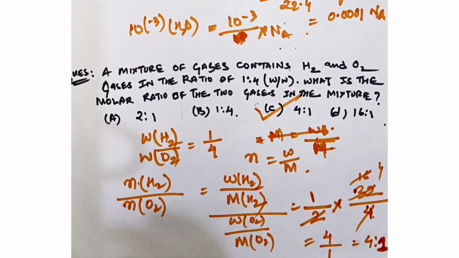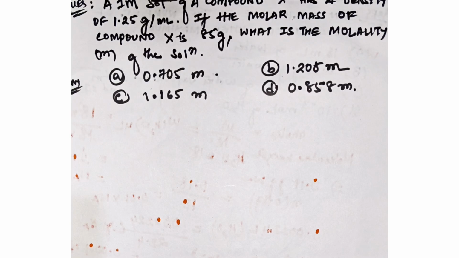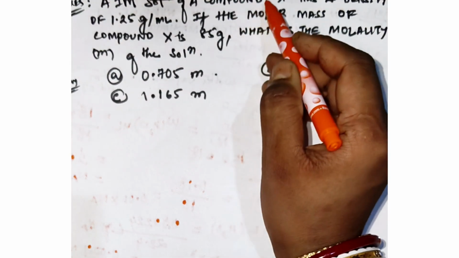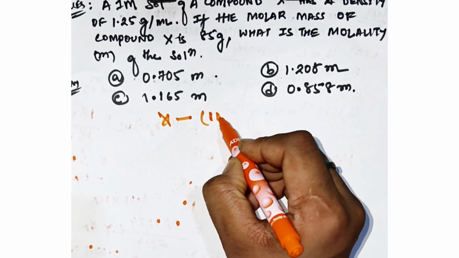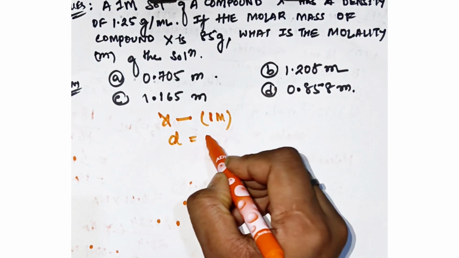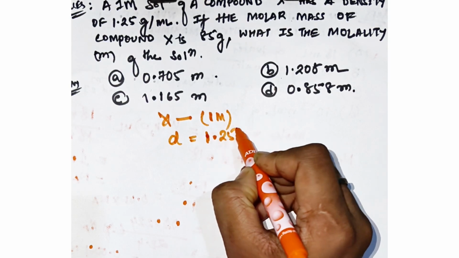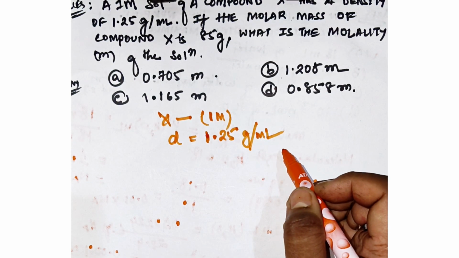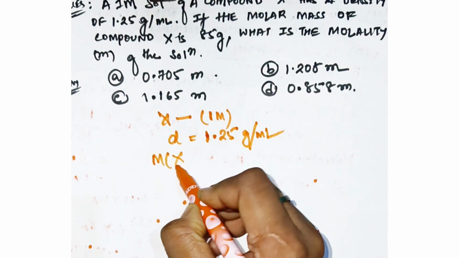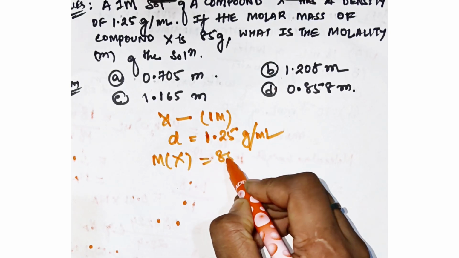Okay. So the next question is a 1 molar solution of the compound X. A compound is given to you, and it is a 1 molar solution, and the density is given to you as 1.25 gram per ml. The molar mass of the compound is also given to you, that is 85 gram.